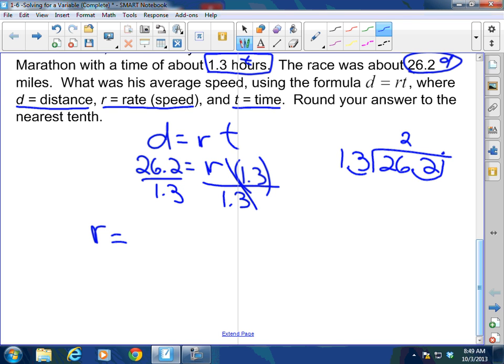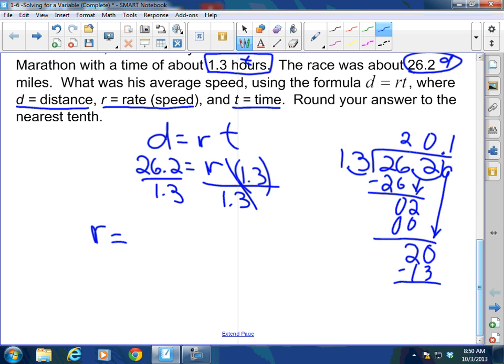That goes in 2 times, which is 26. That's 0. You bring down the 2. 13 goes into 2 zero times. You got a 2, bring that down. 13 goes into 20 one time. It goes into 73.